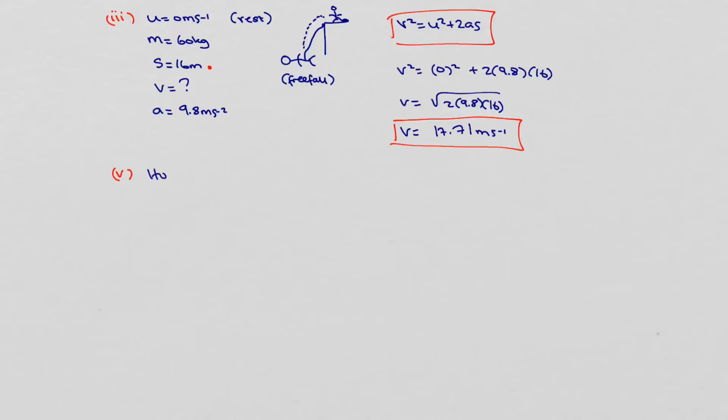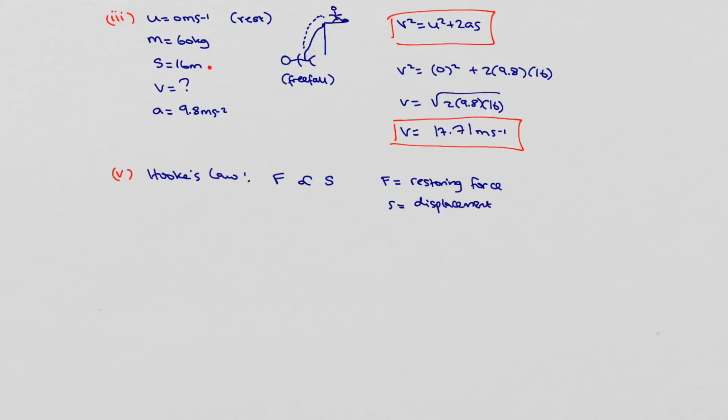Okay, so what is Hooke's law? So for Hooke's law, we would say the restoring force is directly proportional to the displacement. Okay, and again, you can say F is the restoring force and S is equal to the displacement.